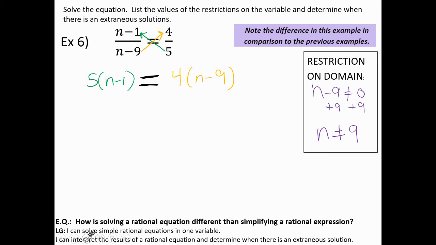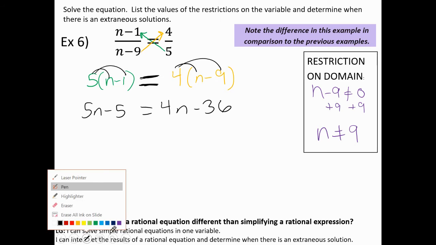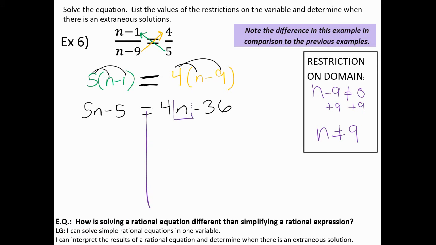And then from there, hopefully your math instincts kick in. So we're going to go ahead and distribute that 5. So we're going to have 5n minus 5 equals, and then we're going to distribute that 4, so it's going to be 4n minus 36. All right, this is where I like to do my box and wall. So I have my boxes on opposite sides of that equation.